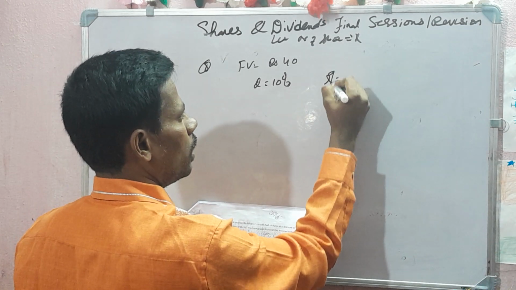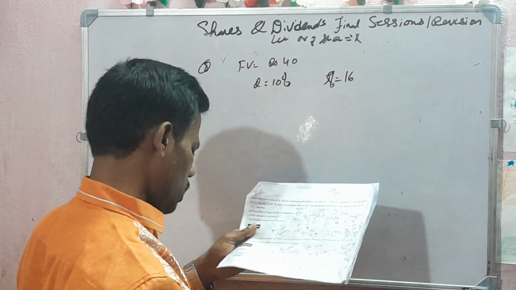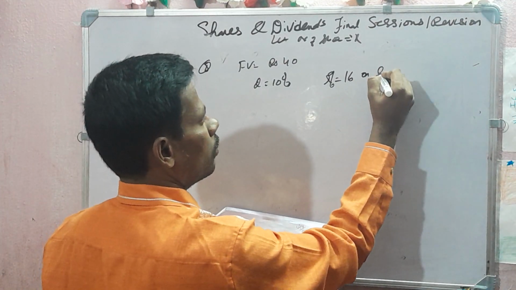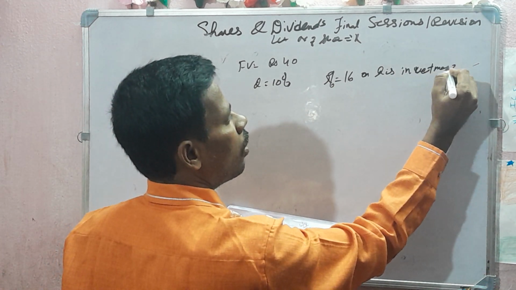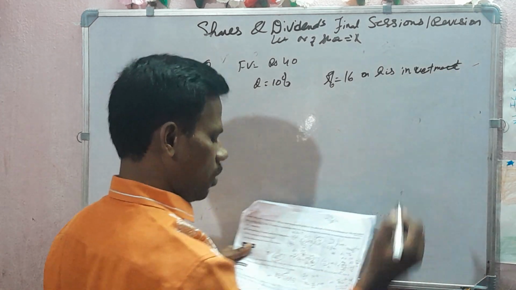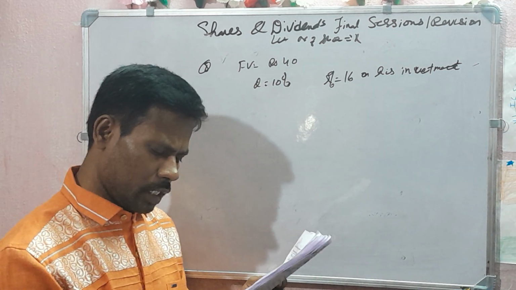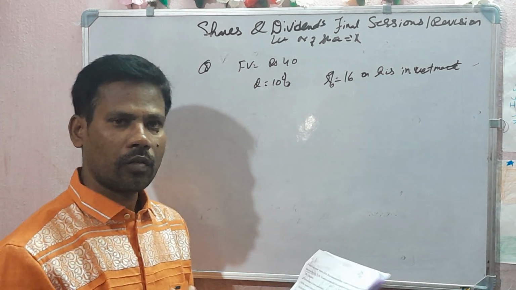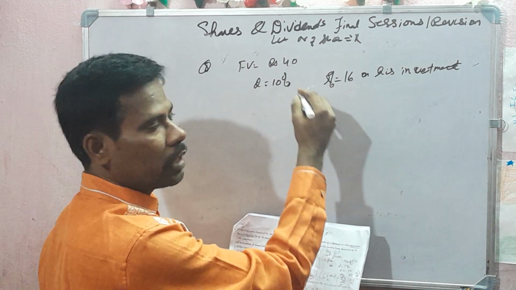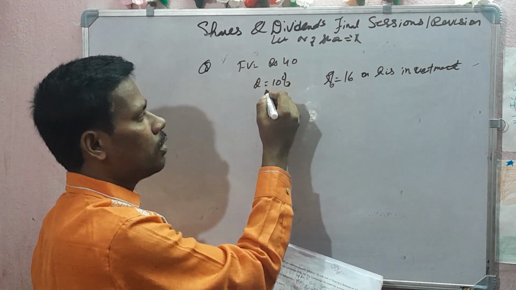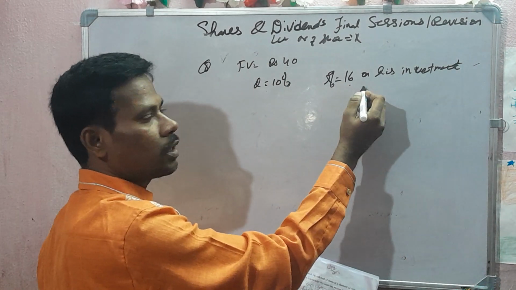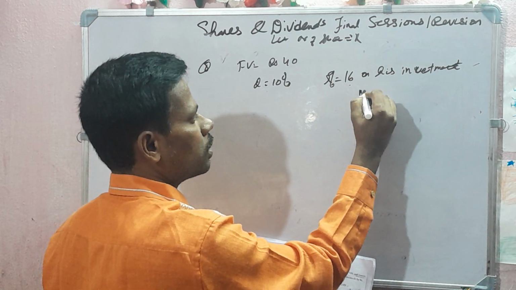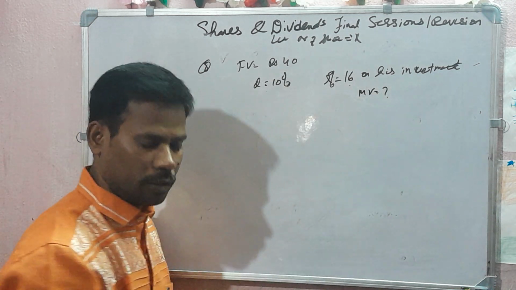So rate percentage is equal to 16 on his investment. Face value, dividend 10%, rate percentage 16 on his investment are given. That means he is asking market value.